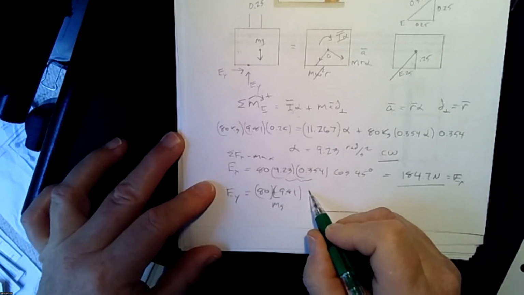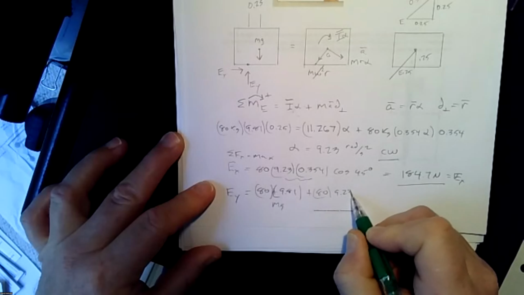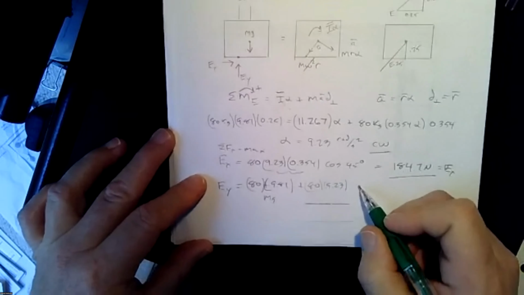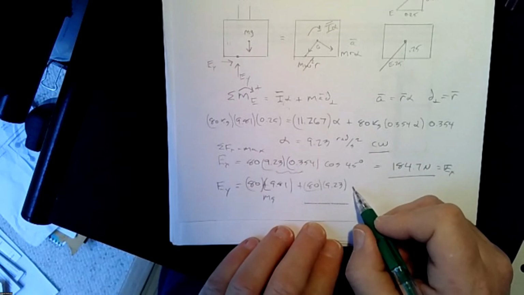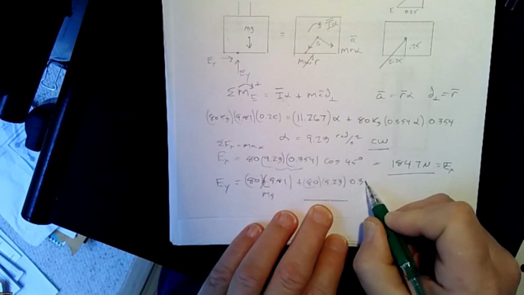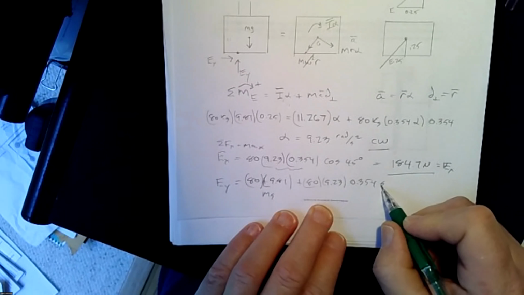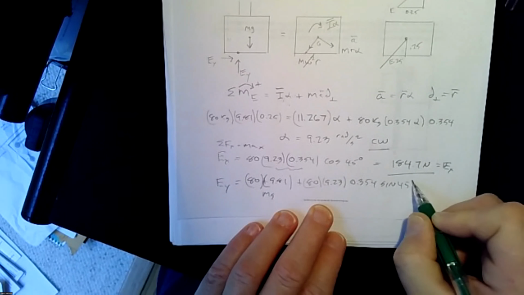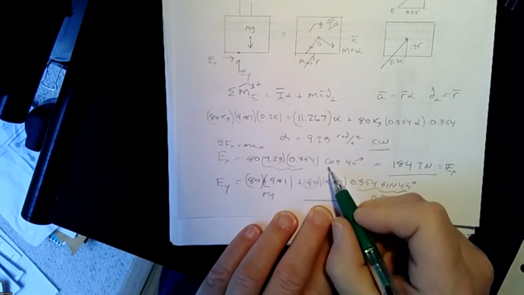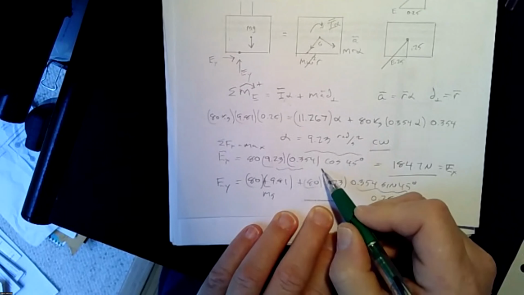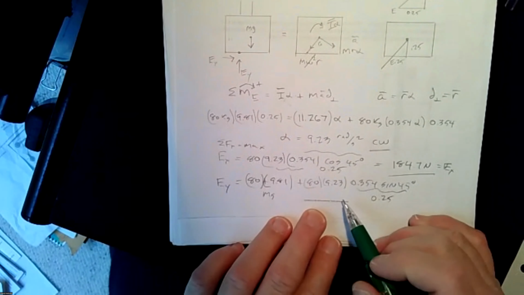And then also we have to add to that the 80 times 9.23 times 0.354 times sine 45. We know that this, of course, is just going to be 0.25, just like up here. This whole distance is 0.25 because that's how we got it in the first place. So it makes it a little easier.